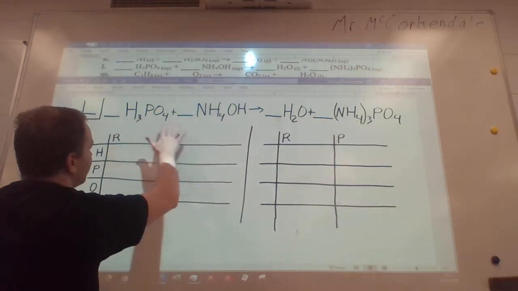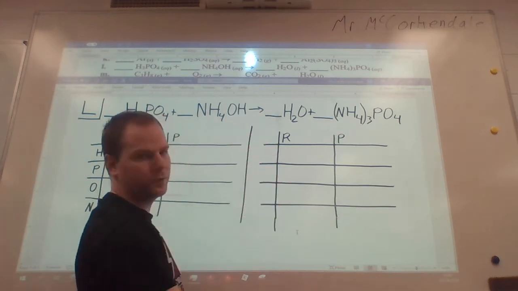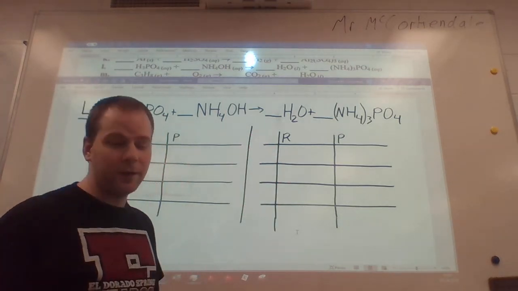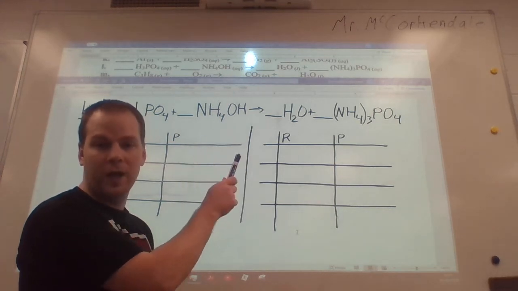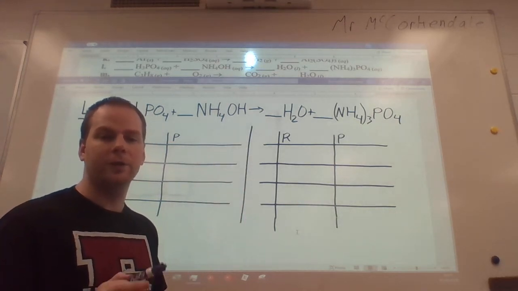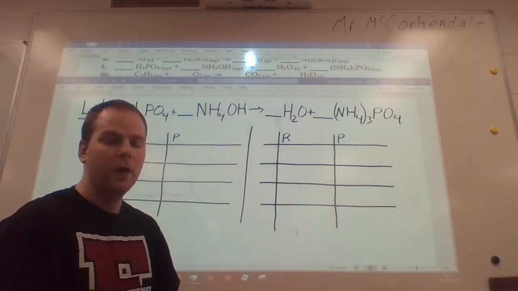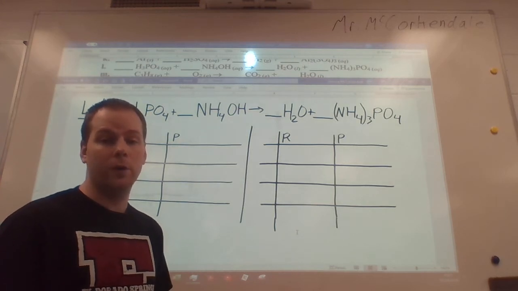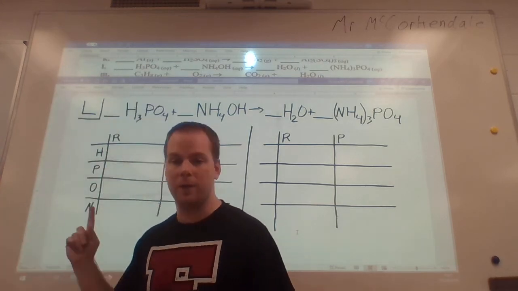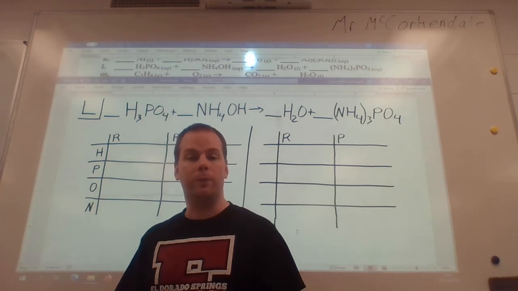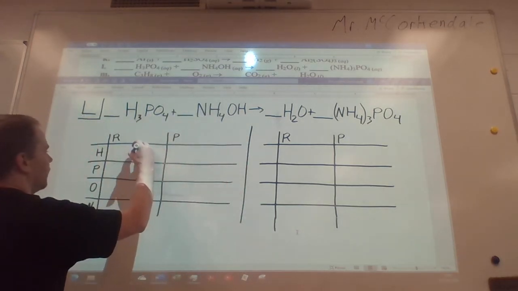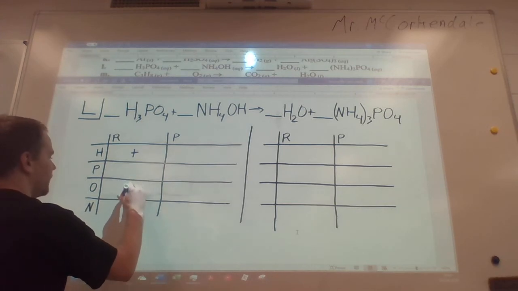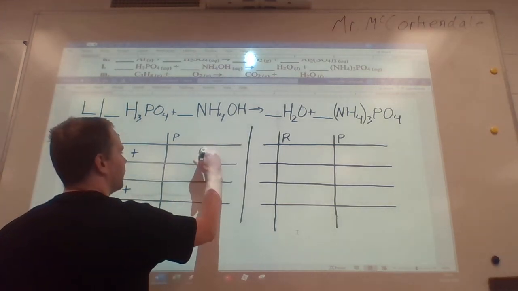All four pieces of this have a hydrogen and an oxygen in them, which makes it extremely difficult to balance, because no matter what coefficient you change, you're changing your hydrogen and your oxygen concentration. So the first trick I'm going to show you is still using the same method with the elements, but we're going to put a plus sign in the middle of the hydrogen and the oxygen on both sides.